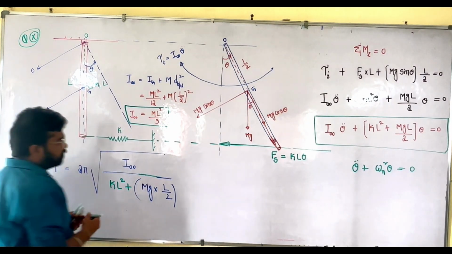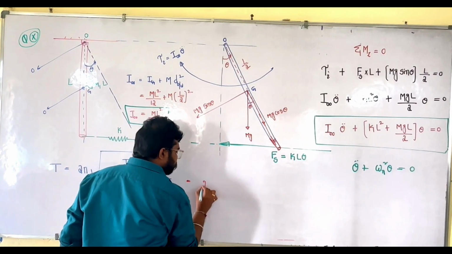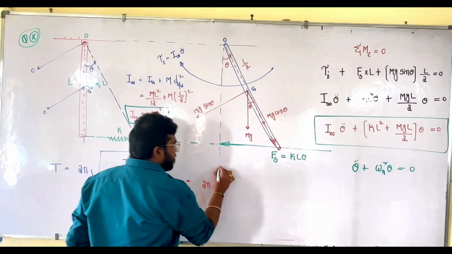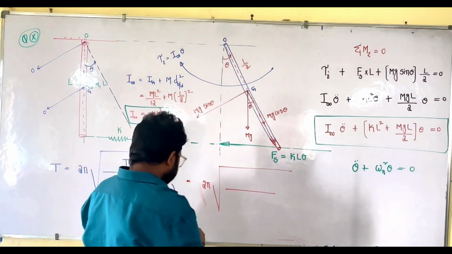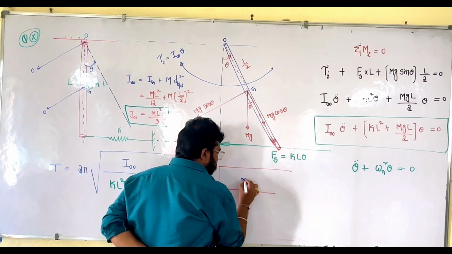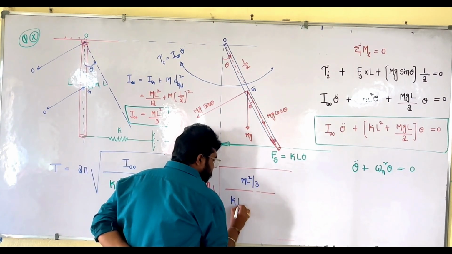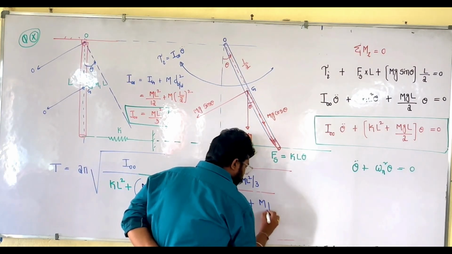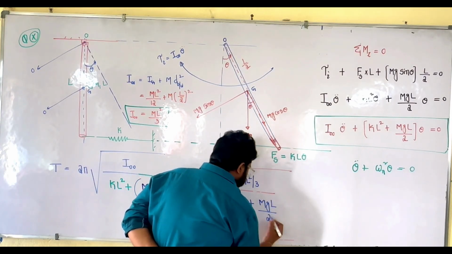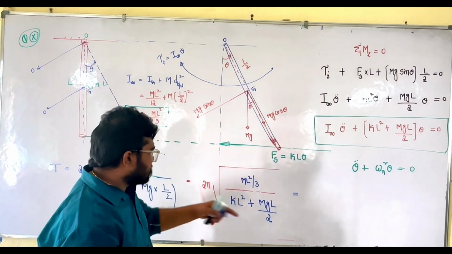Now substitute here. 2 pi square root of I about O, which is nothing but ml square by 3, over k times L square plus mg into L by 2. L gets cancelled out.